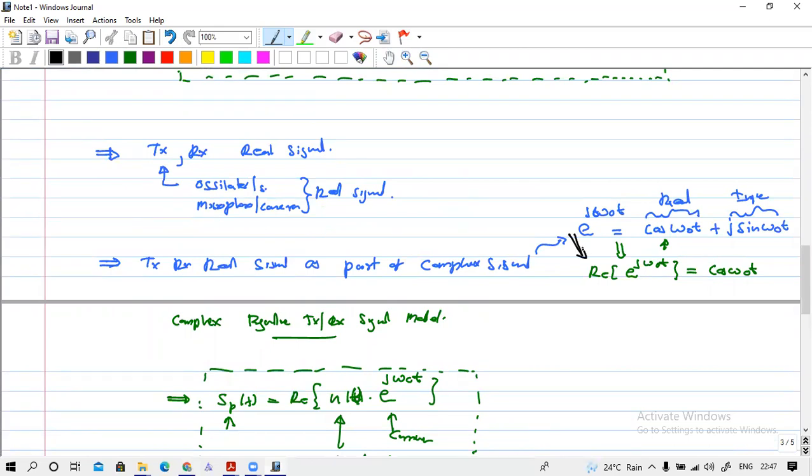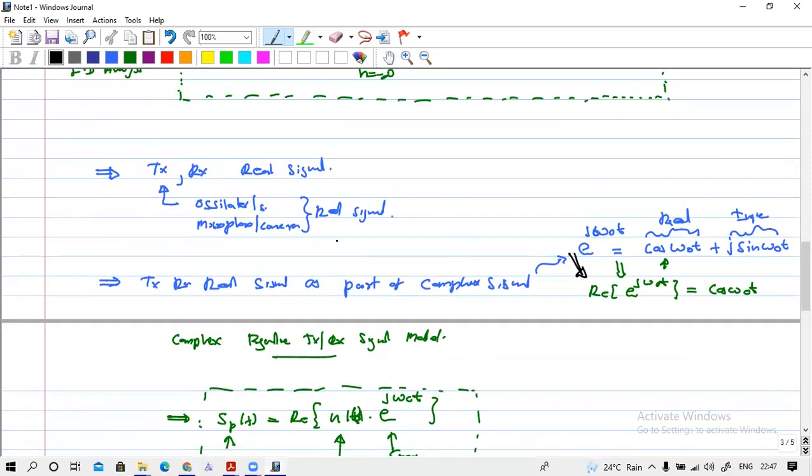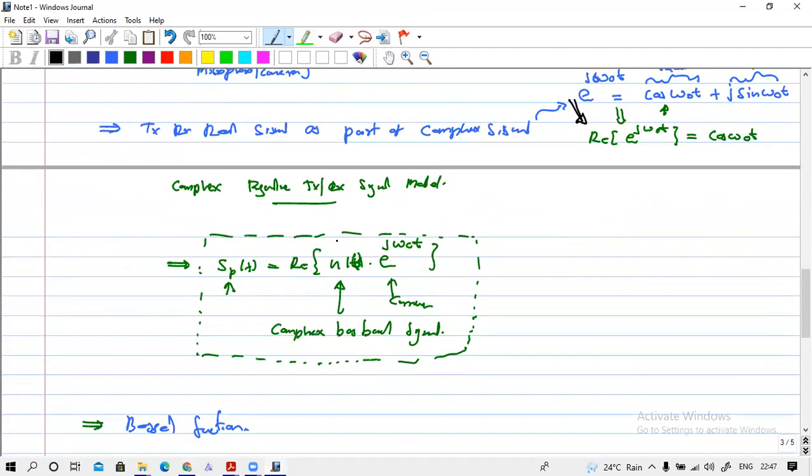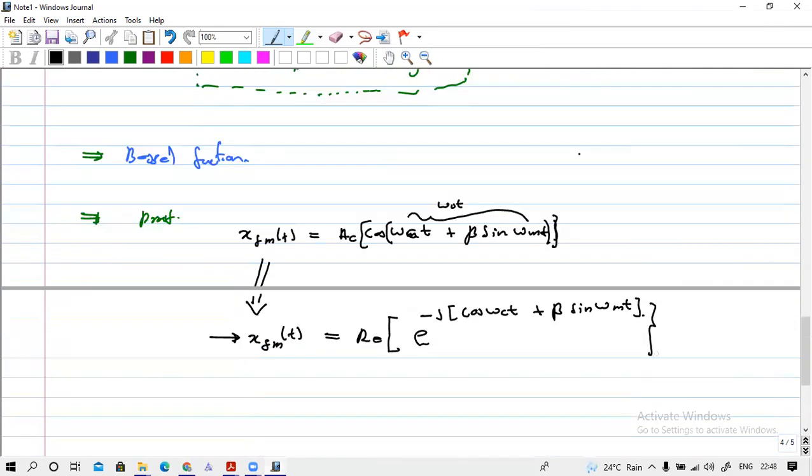Our modulated signal f_m(t), the passband signal, we write it as the real part of a complex waveform using the Euler formula. I hope it is clear.